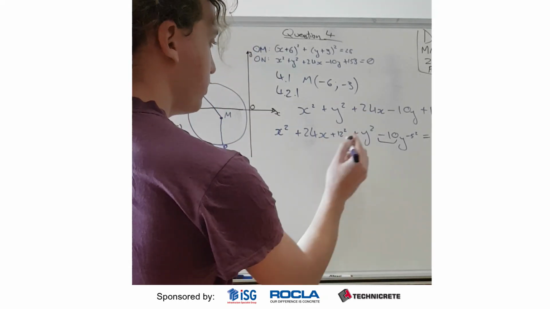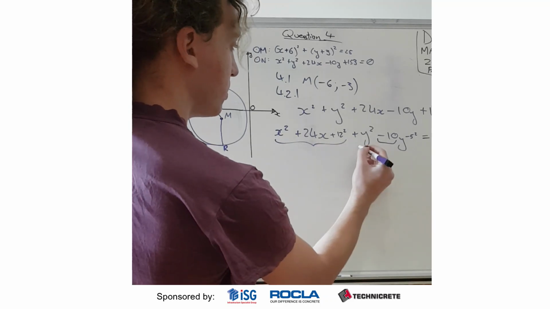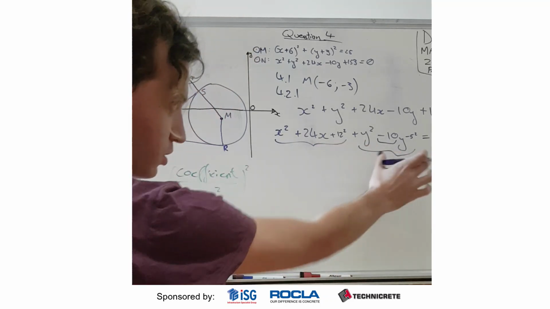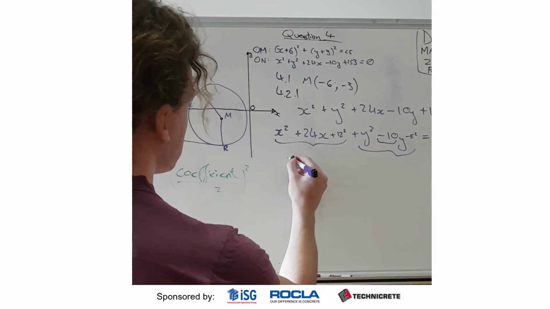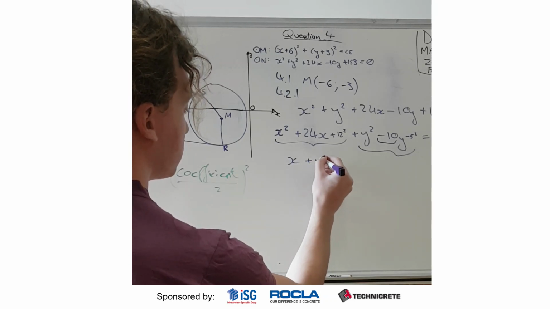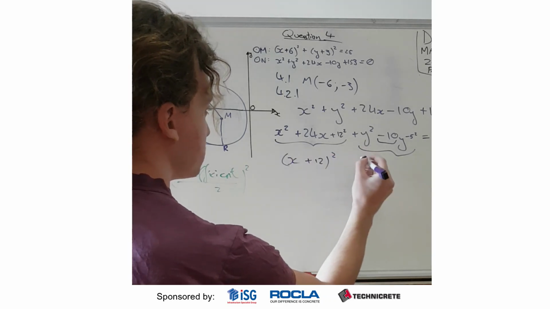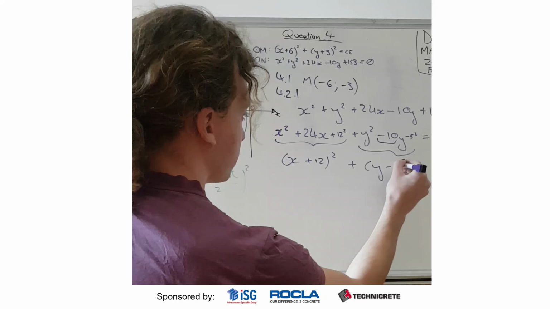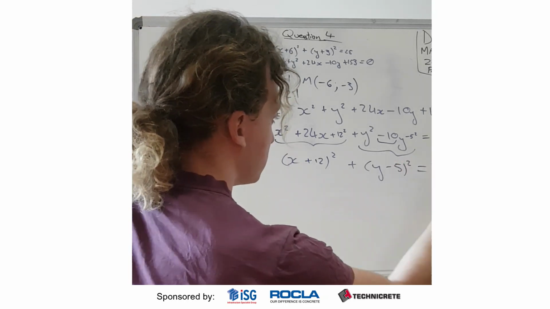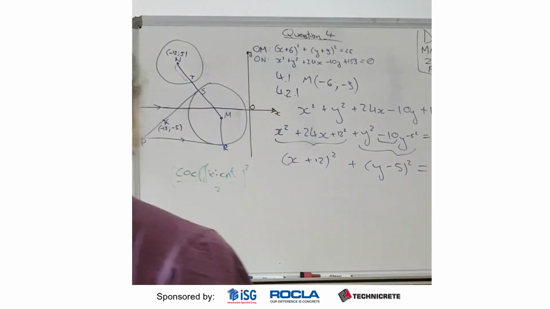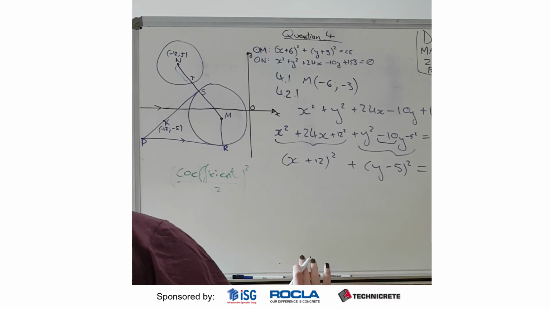Okay, now that we have these much easier groupings, it's just a simple trinomial here. x plus 12 squared plus y minus 5 squared. And this, you can just use a calculator, don't worry about it.